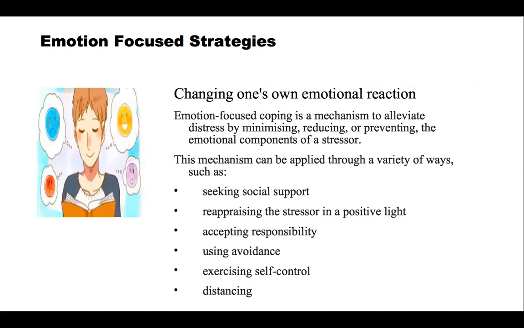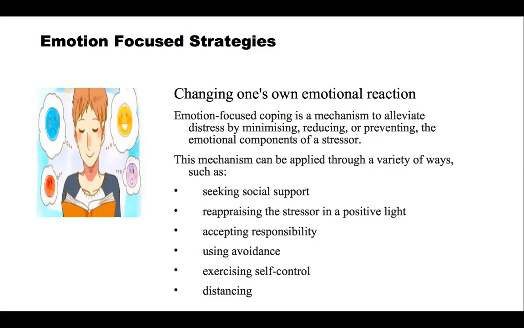Now let us see emotional focused strategies. So the emotion focused strategies include alteration of one's emotions to tolerate or eliminate the stress. Example include distraction, meditations, and relaxation technique. So the emotional focused coping is oriented towards managing the emotion that accompany the perception of stress.